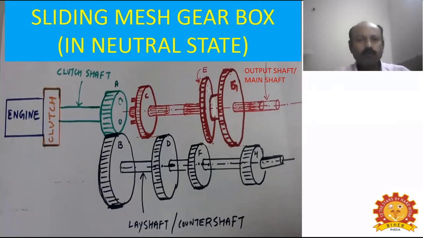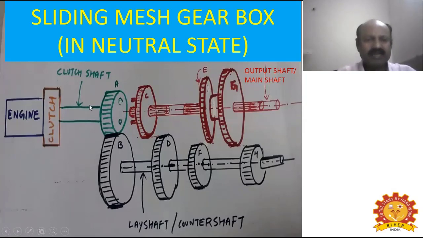Now, the output shaft I am showing in red color at the top. But you see, the clutch shaft is rotating, the lay shaft is rotating, but the power is not transmitted to the output shaft because there is no direct connection between the clutch shaft and the output shaft. Even though they remain coaxial, there is some small gap between the clutch shaft and the output shaft.